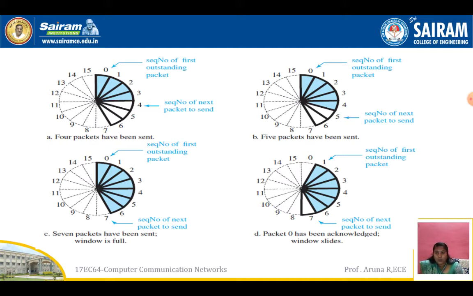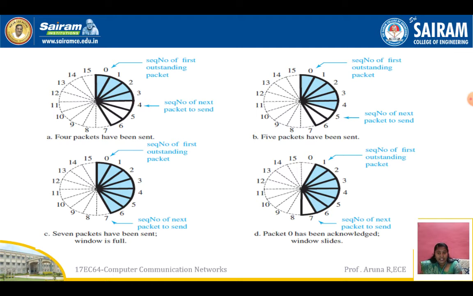Whatever is colored in blue is the sequence number of the outstanding packets. That means as soon as the sender sends a packet, it makes the color blue, indicating that it is already sent.